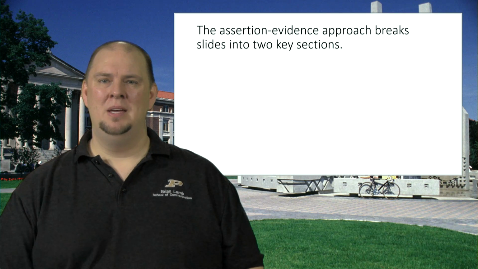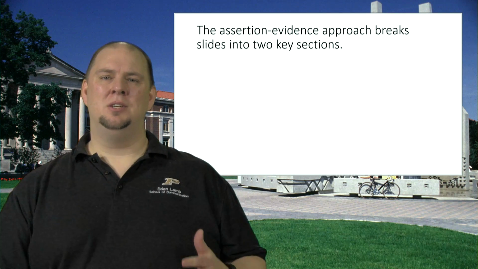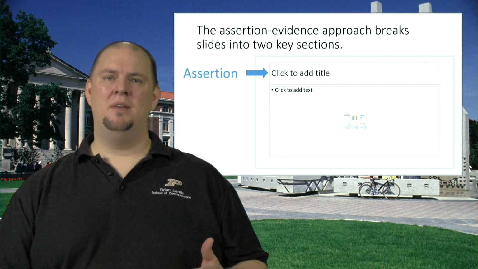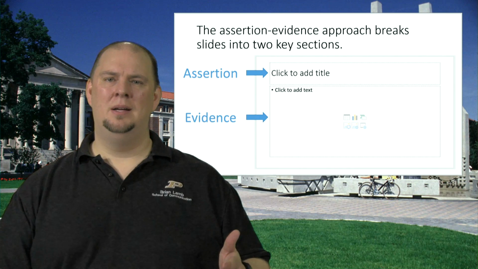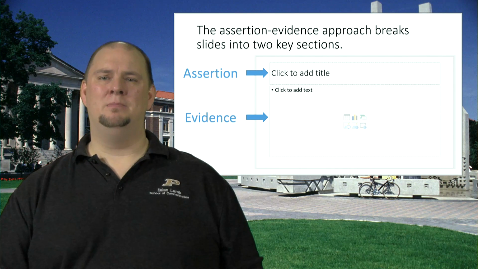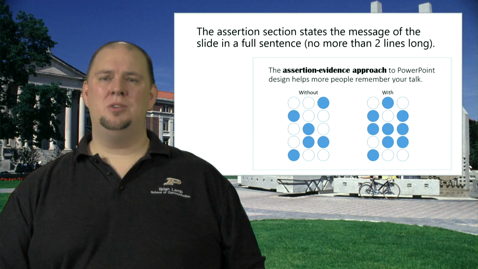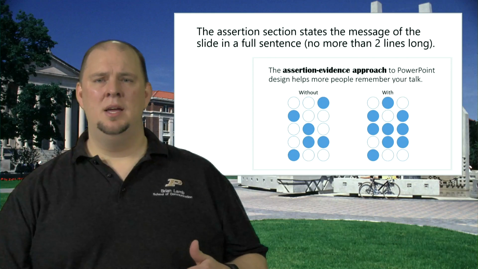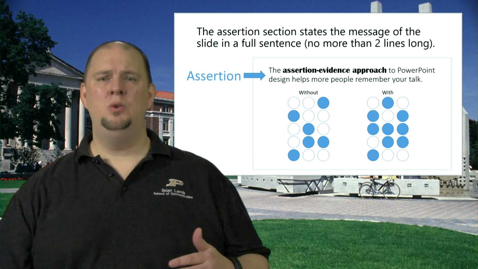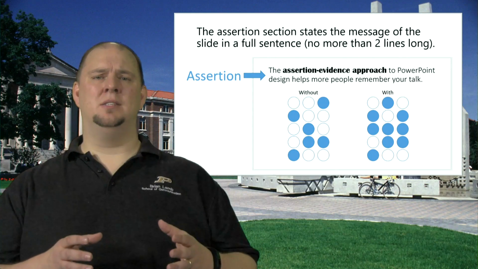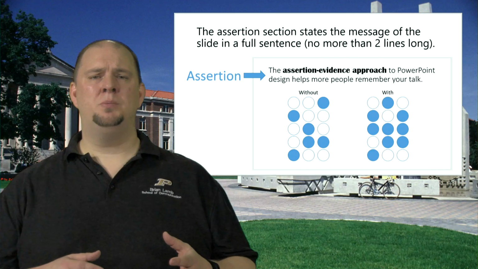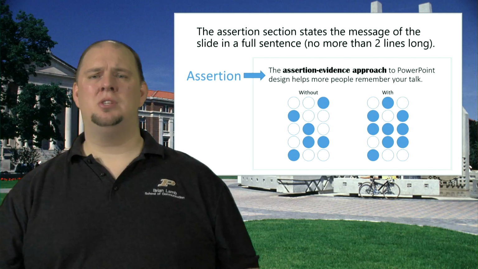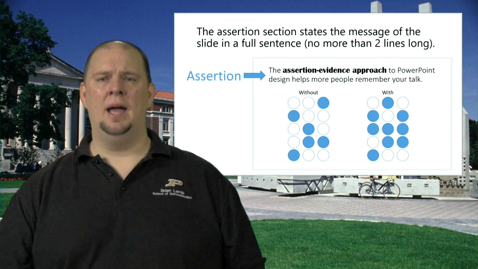The assertion evidence approach is very simple. It breaks the slide into two key sections. You have the assertion at the top and the evidence at the bottom. For the assertion, rather than using topics or questions to design your slides, you write a full declarative sentence explaining the message of the slide that the audience will be looking at.